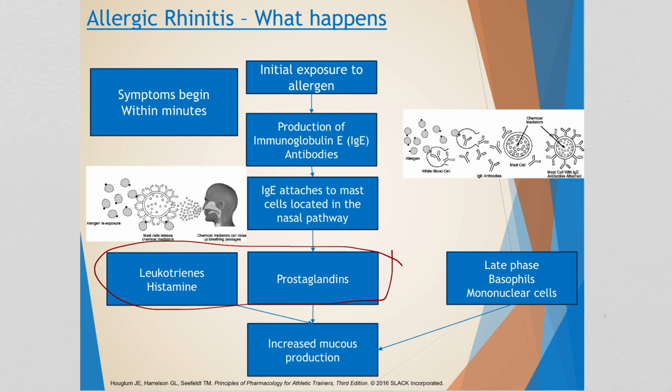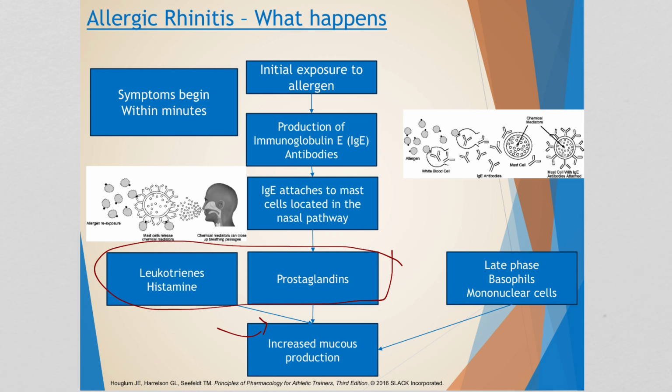But all three of these chemical mediators are being released from the mast cells with the goal of increasing mucus production, particularly in the mucosal pathway of the nasal passage. And some of those signs and symptoms associated with increased mucus production are going to be rhinorrhea, sneezing, itching of the nose and the eyes, all signs and symptoms that are a little bit different from patients who have the common cold, right?